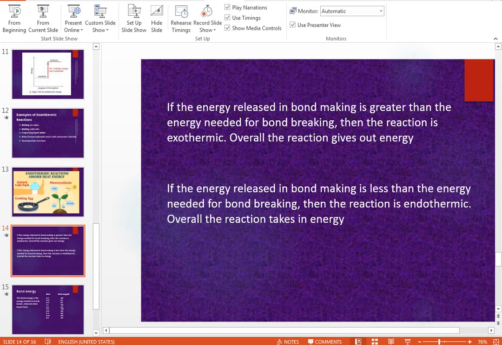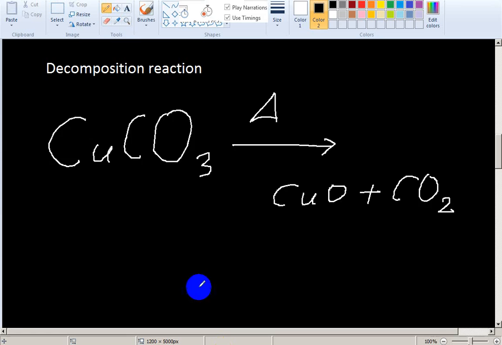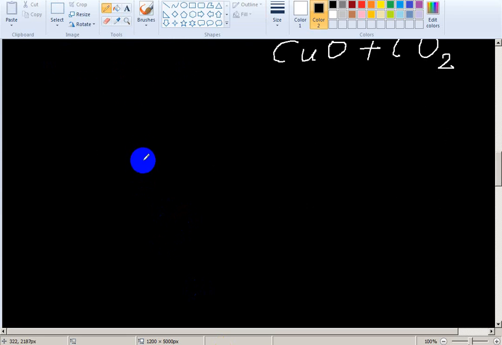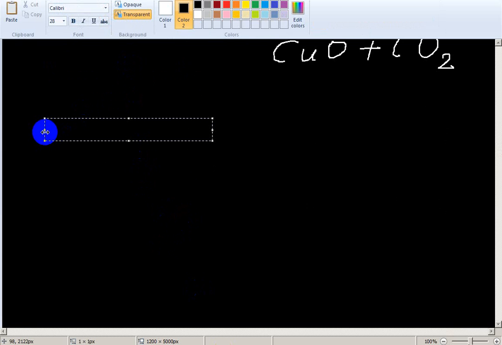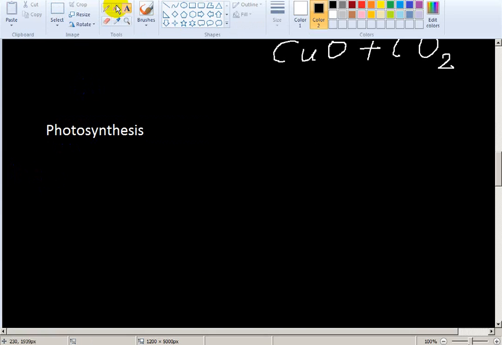Okay, I am showing this photosynthesis reaction. Photosynthesis. The reactants of the photosynthesis reaction are carbon dioxide and water.